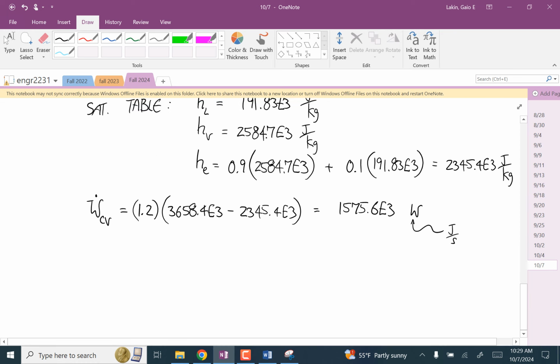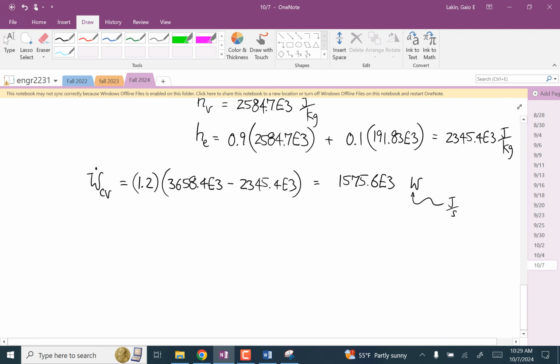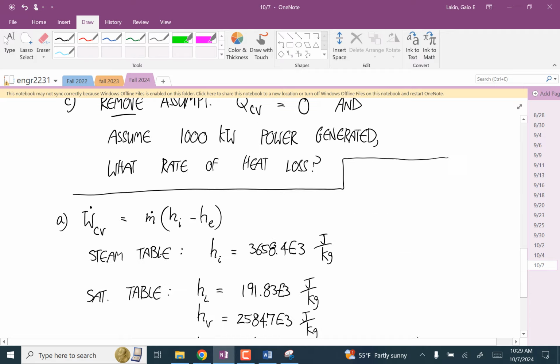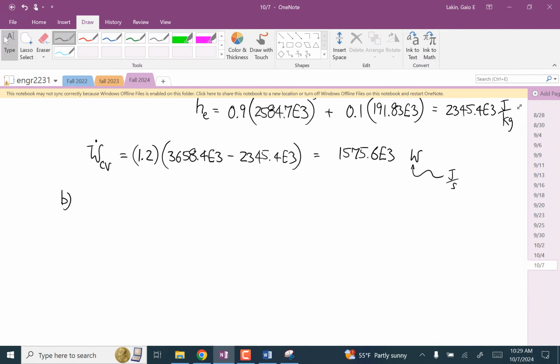Okay, so now for part B, we're also given these speeds, so now we can do it again and see what our power generated calculation is, putting those speeds in, and we can see what kind of error we had. So I'm going to go back to the full form.